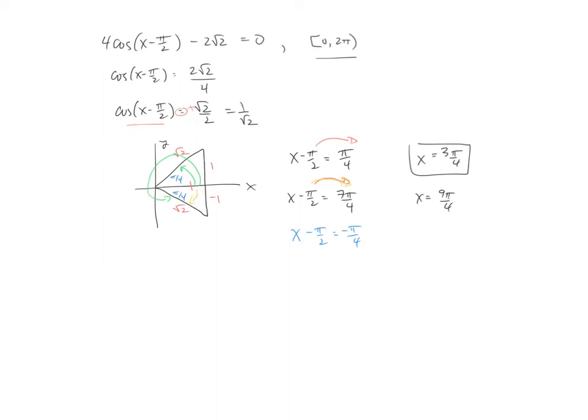So if I choose the negative pi over 4, now when I add the pi over 2 over, I'll actually get x equals pi over 4 for a final answer, which is within the bounds of the original problem.